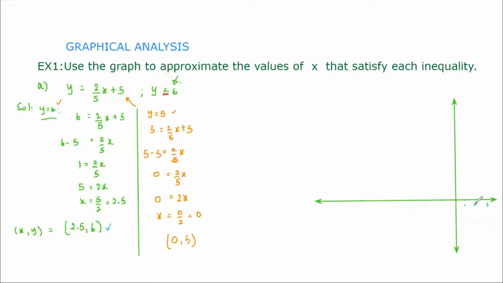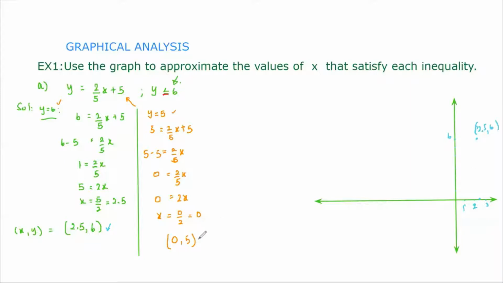So 2.5 is approximately here. Go up to 6: 1, 2, 3, 4, 5, 6, about here. So this point represents 2.5, comma 6, meaning x equal to 2.5 and y equal to 6.